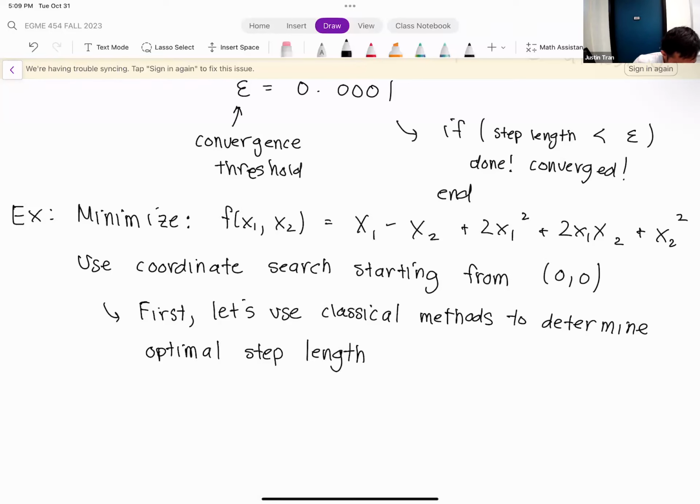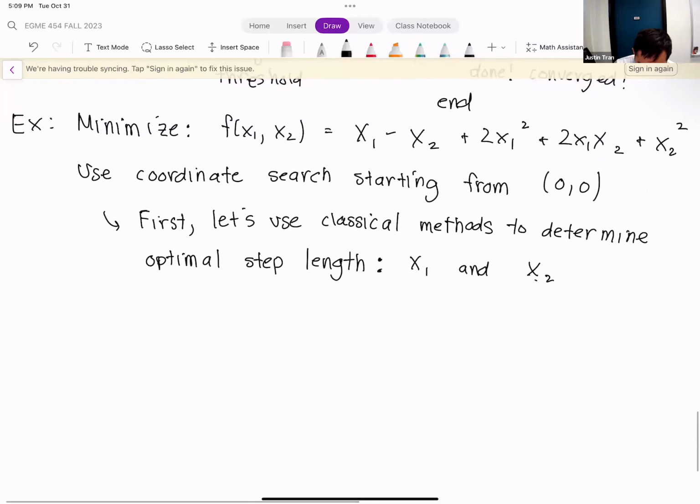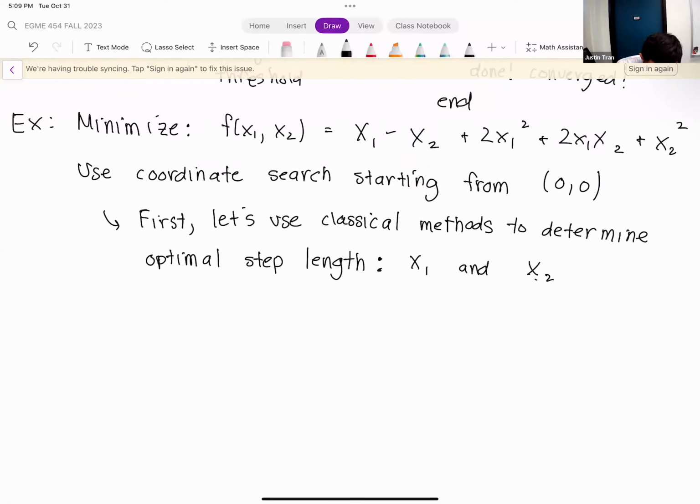All right, so we're gonna need two expressions because we're gonna need an optimal step length for x1 and for x2. Okay. Because remember, we're only changing one of them at a time. So when we're changing x1, that's going to have its own optimal step length, and when we're changing x2, that's going to have its own optimal step length as well. Okay. All right, so let's look at the x1 first.